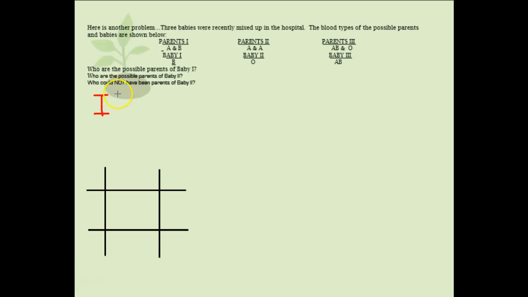Okay, so we're just going to start out. I've drawn a letter I here because in blood typing, we use the letter I as our indicator of blood type.